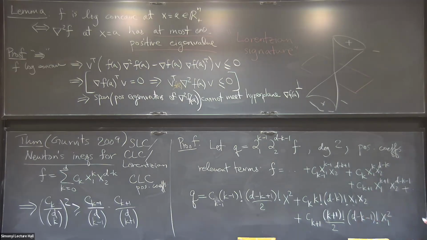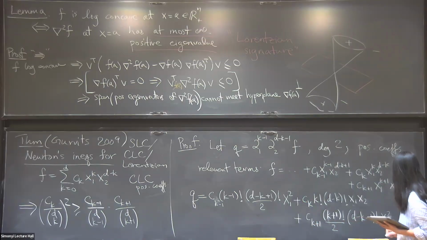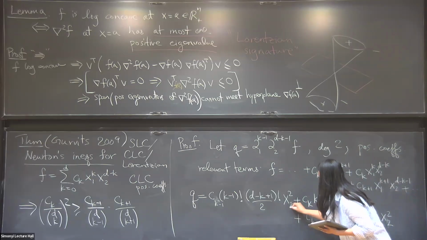Okay, so I have this quadratic form. The first term is x2 squared, thank you. And the last one is x1 squared. Is it the other way around? This is x2 and this is x1.